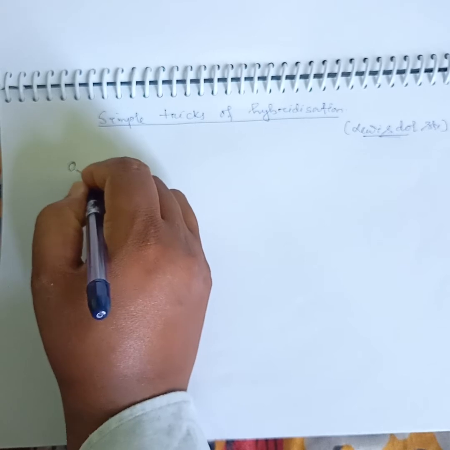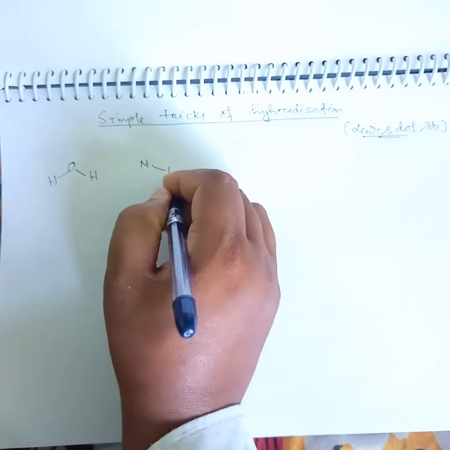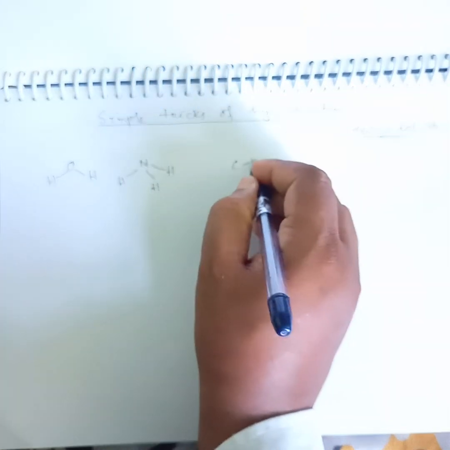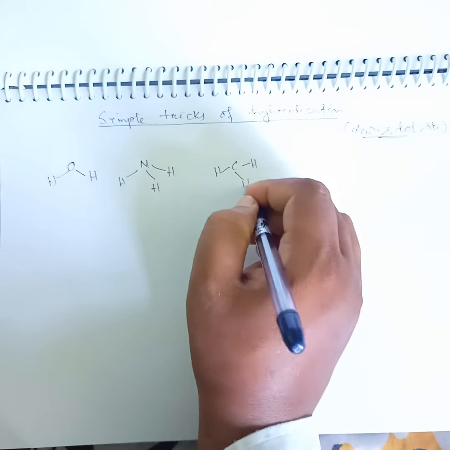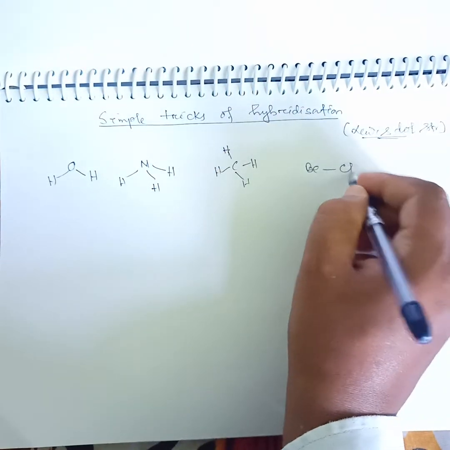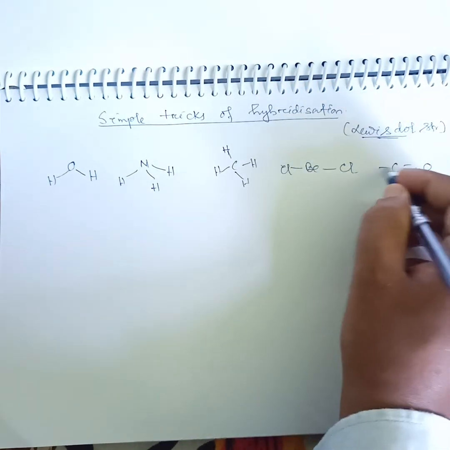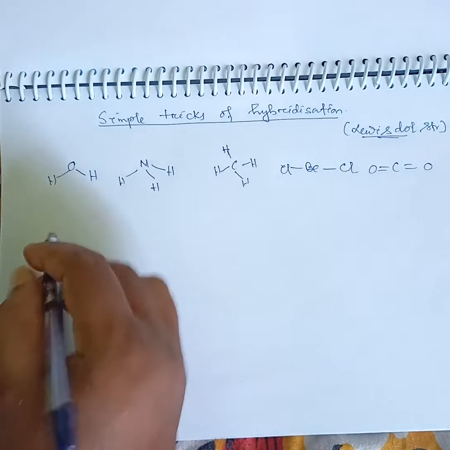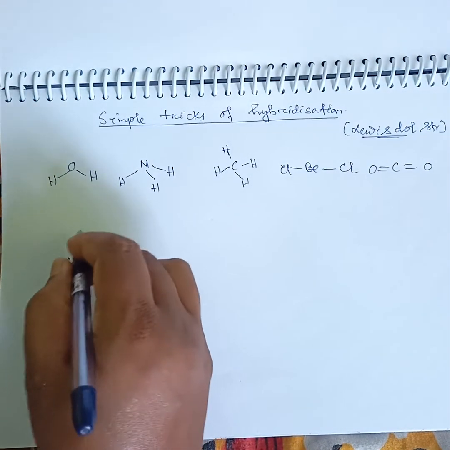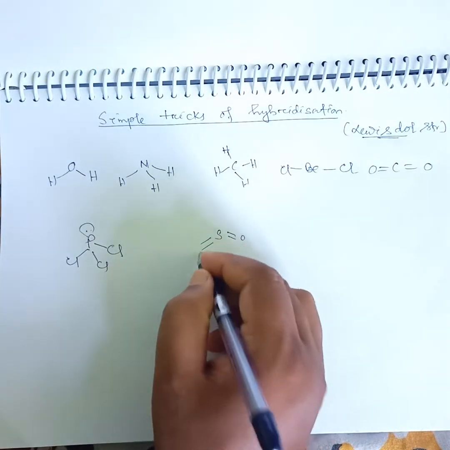For example, this is the water molecule, this is the ammonia molecule, and this is the methane molecule. This is the beryllium chloride molecule, this is the carbon dioxide molecule, this is the PCl3 molecule, and this is the sulfur dioxide molecule.